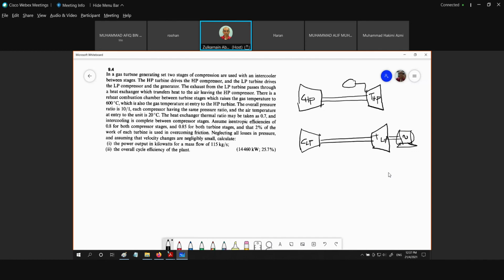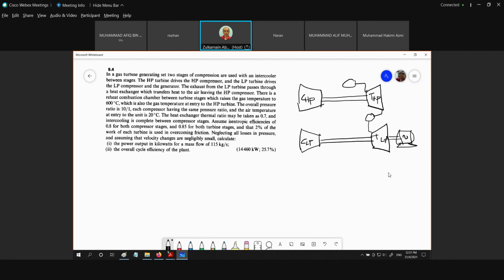And then we need to ask ourselves, is there any reheat in between turbine stages? Then we look right here, there is a reheat combustion chamber between turbine stages, which raises the temperature to 600. So again, right here, we should have another combustion chamber, which reheats the gas before entering the low pressure turbine, which is 600.